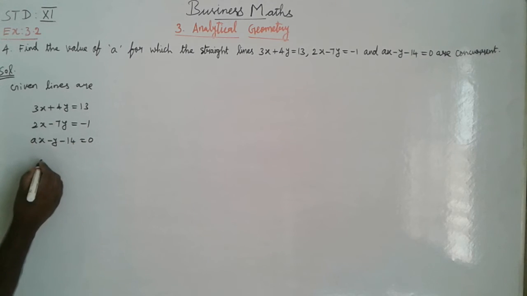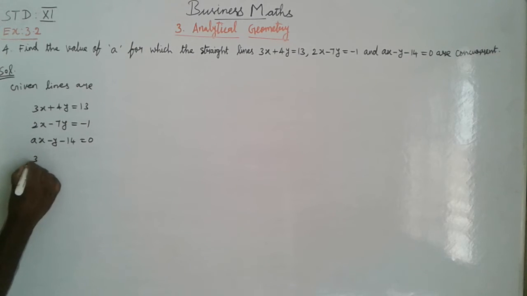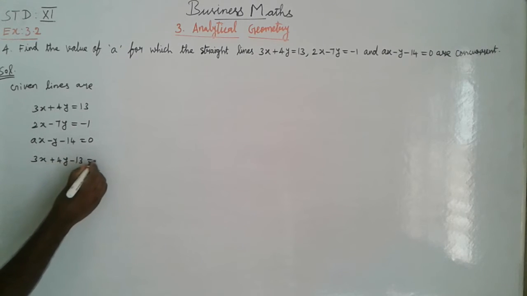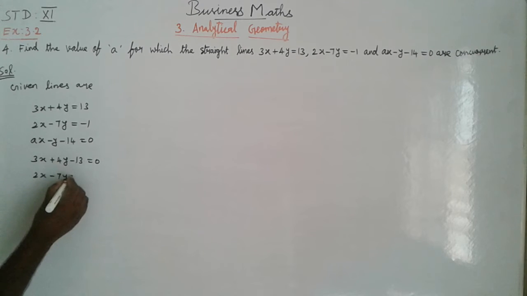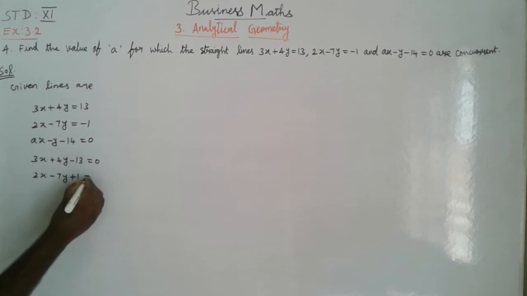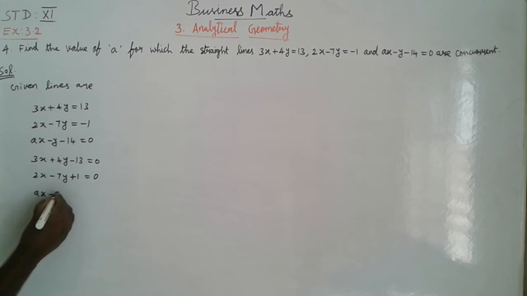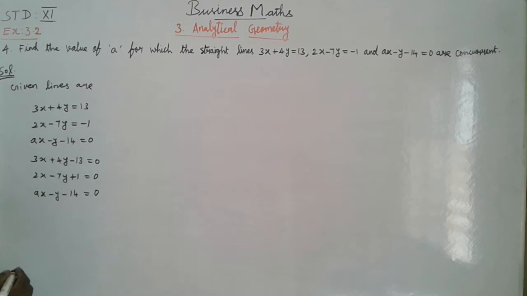Here we should arrange this in order. The constant we should take to the left: 3x + 4y - 13 = 0, 2x - 7y + 1 = 0, ax - y - 14 = 0.